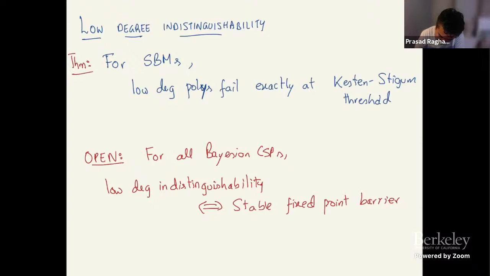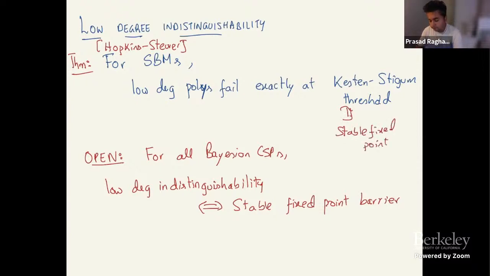For stochastic block models, Hopkins and Steurer showed that the prediction of this low degree conjecture exactly matches the Kesten-Stigum threshold. So in particular, it exactly matches this stable fixed point barrier that we spoke about.